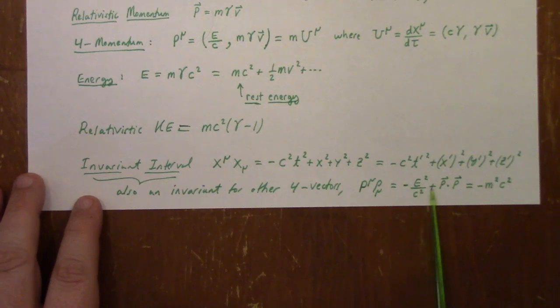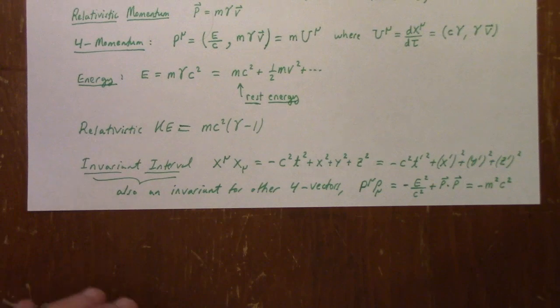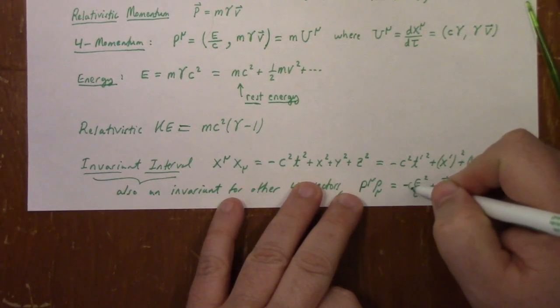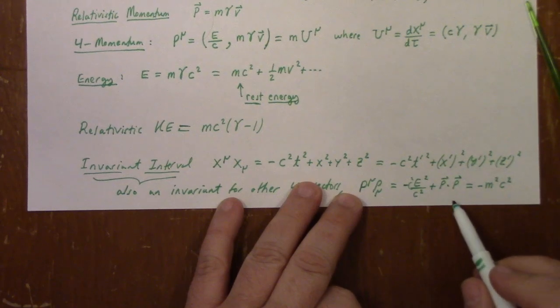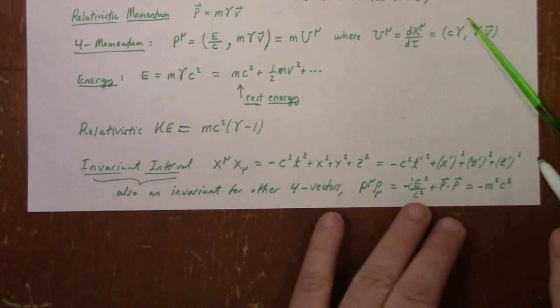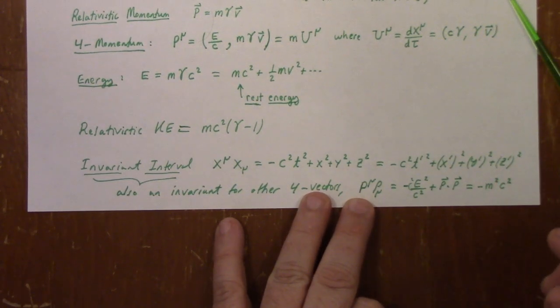In the same way that this is the 0 component times c squared. Oh man, I need a c squared there. So, my bad. That actually just ends up being minus E squared. And so, well, goodness gracious, I hope I got that right.